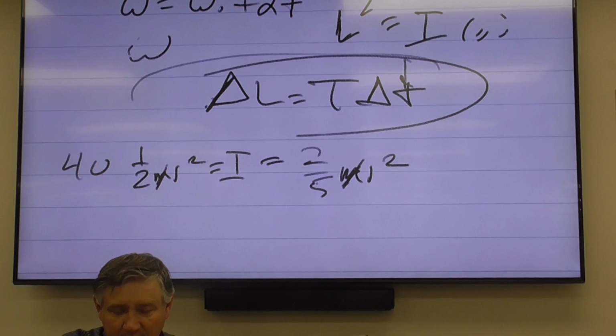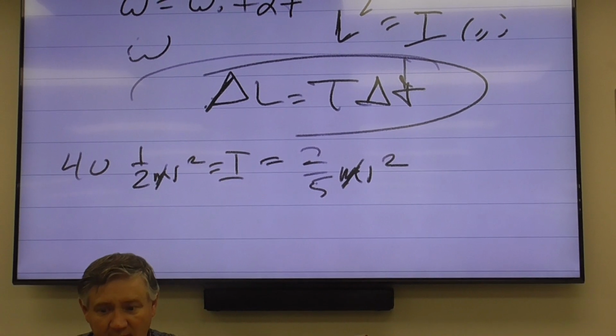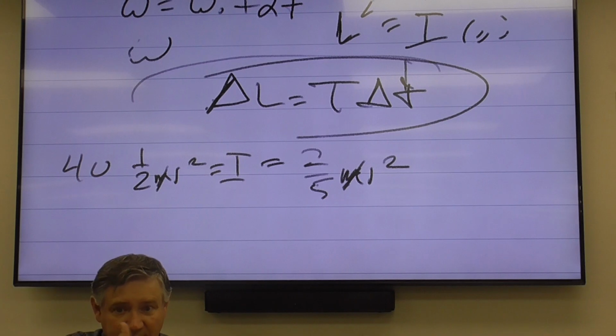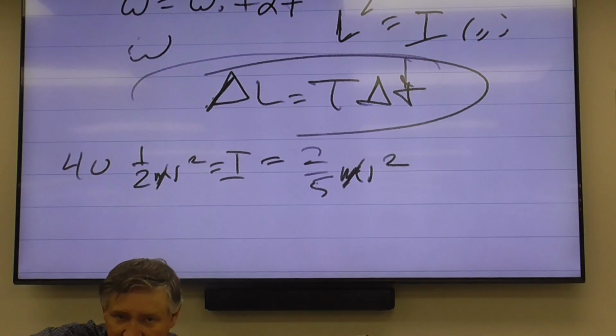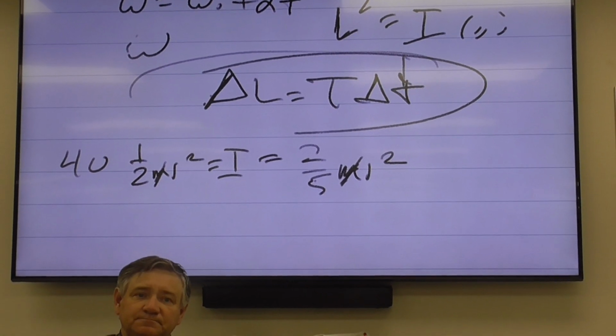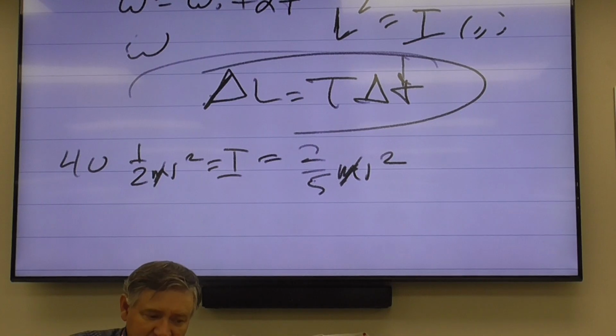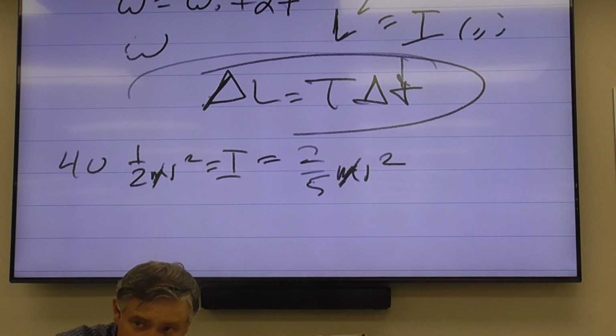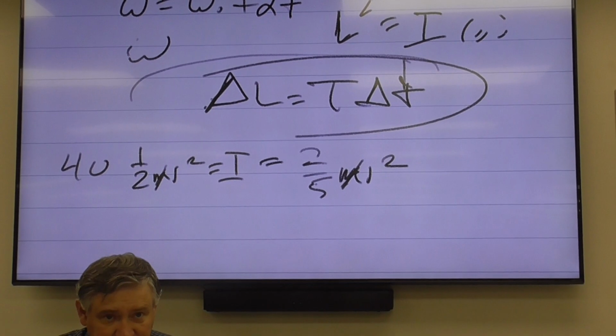The bar is spinning in the plane of the page, so it's either gonna be out of the page or into the page. Both of your answers on 34 and 35 are either into the page or out of the page.